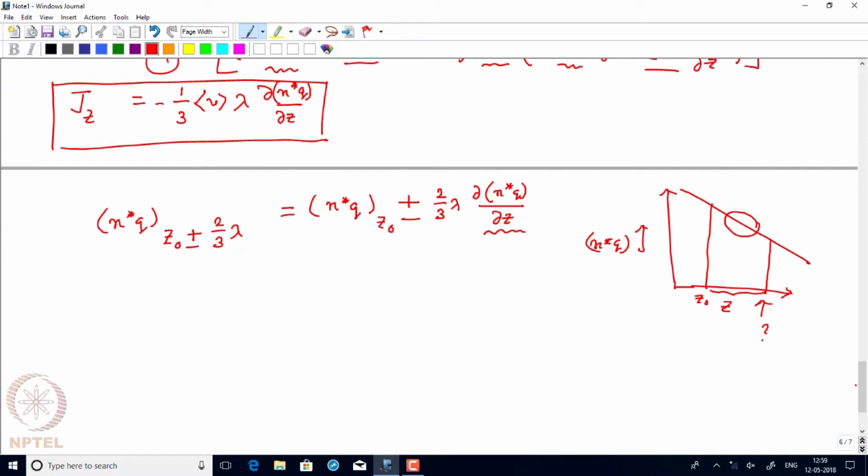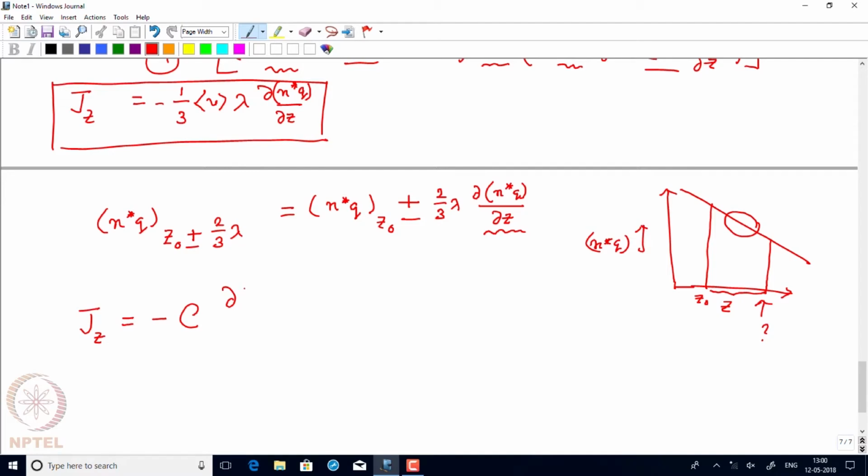There's no extra quantity. Now, phenomenologically, if we remember the first slide we wrote, Poiseuille's law was some constant multiplied by the gradient of that quantity.